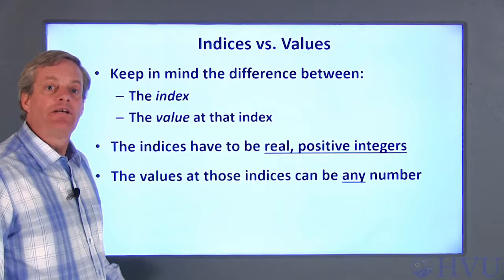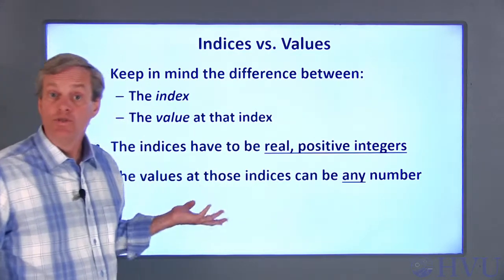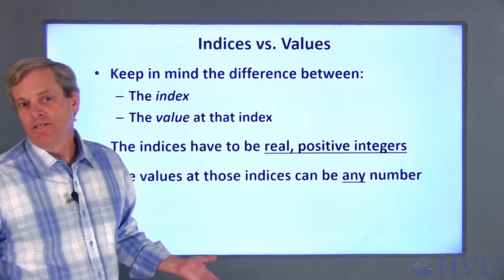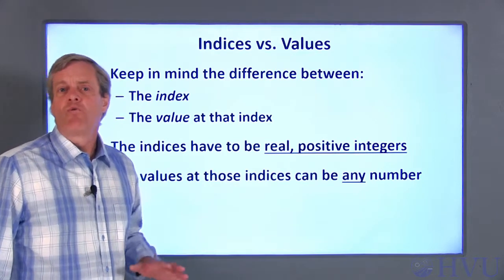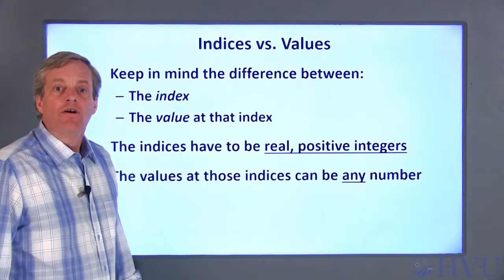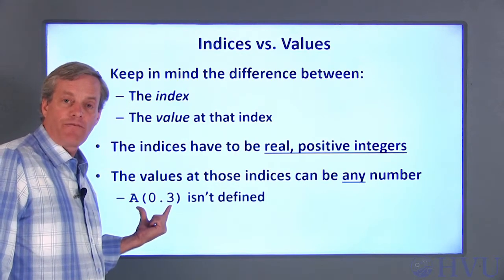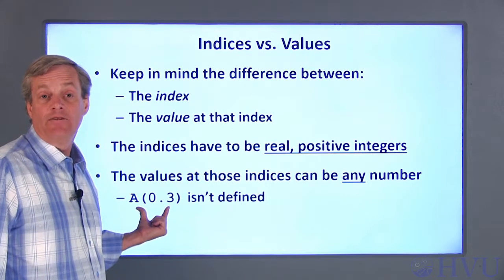Anyway, there generally aren't those types of restrictions for the values in the arrays. You can usually assign any number to an array location. There are some exceptions to this if you define a logical variable or a string, but we won't worry about those just yet. For example, the designation A with 0.3 in parentheses after it tries to get the 0.3 element in the array.